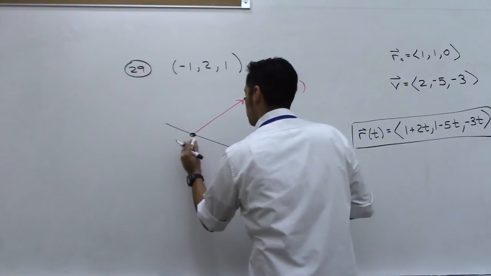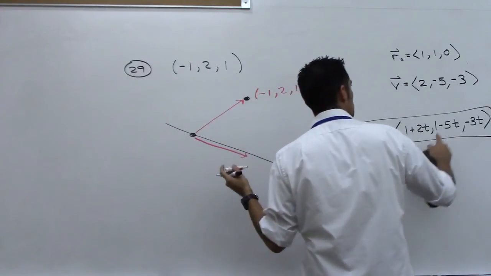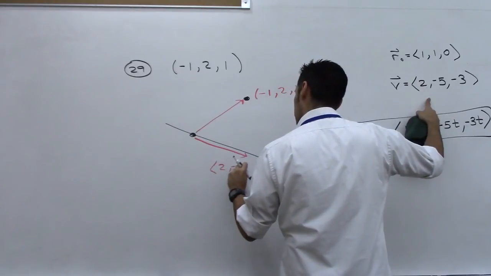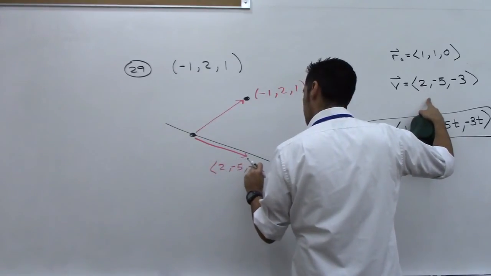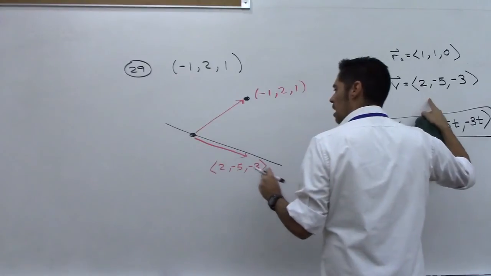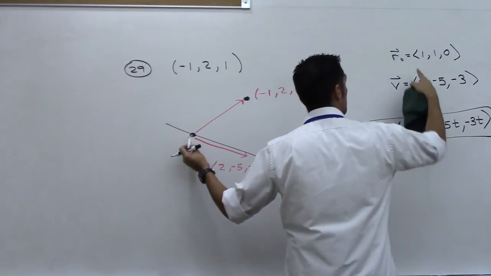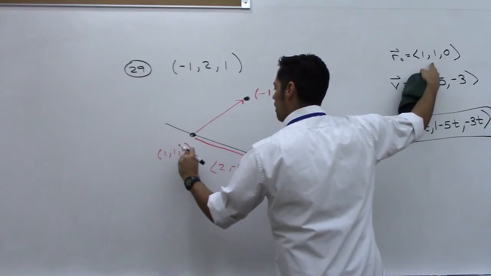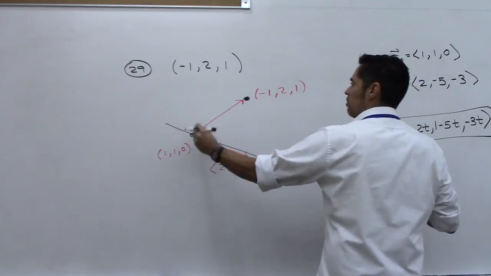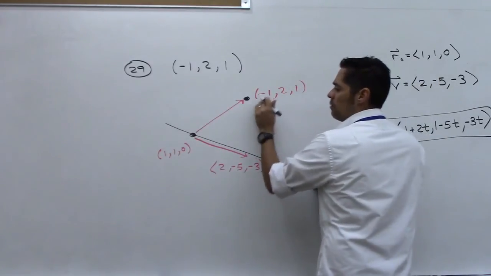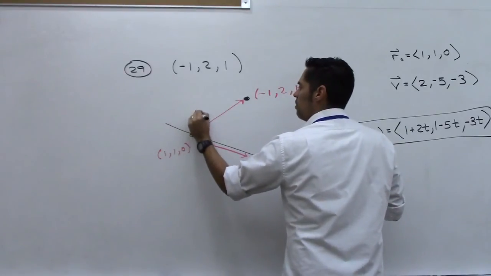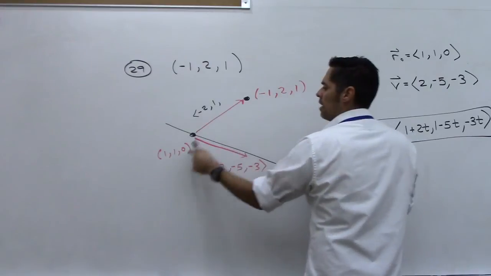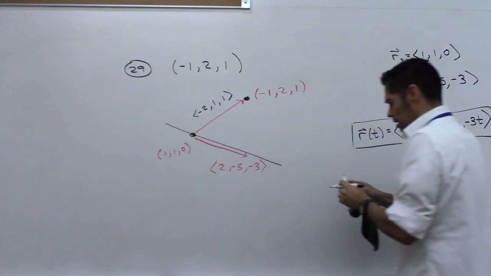We find the direction vector of this line, which we actually have. It's the vector 2, negative 5, negative 3. We need a point on this line. We can get the point from right here. This is the point 1, 1, 0. And then we need this vector right here, so we go negative 1 minus 1 is negative 2. 2 take away 1 is 1. 1 take away 0 is 1. So we've got it all there.